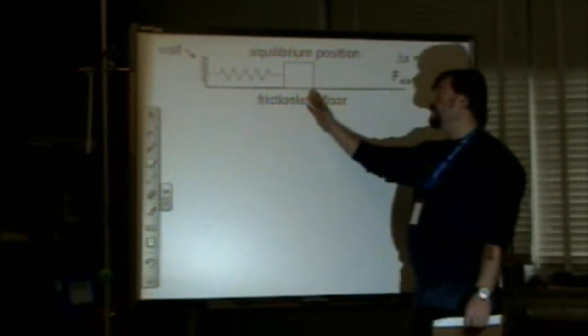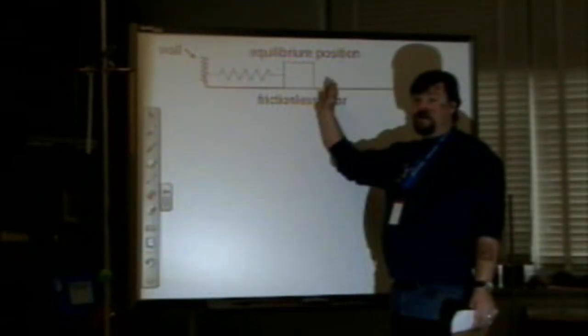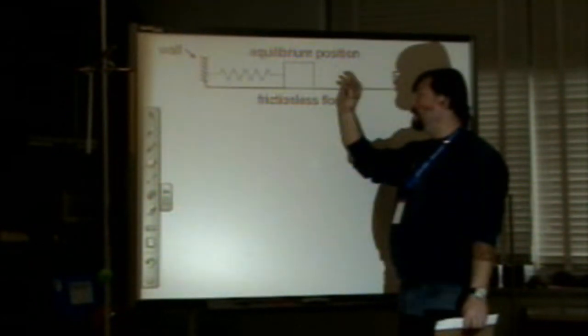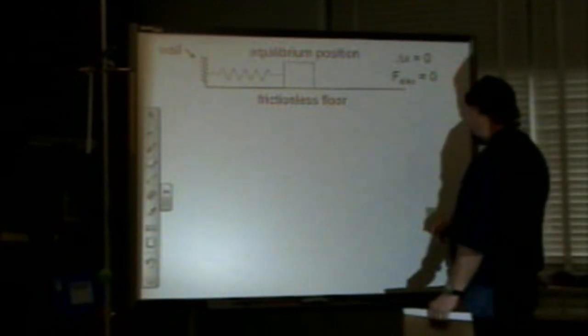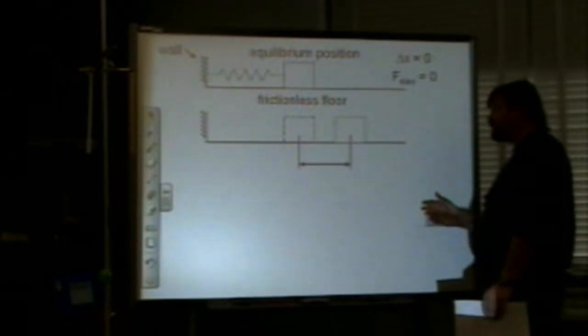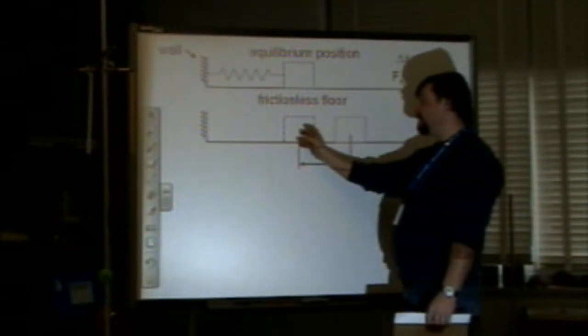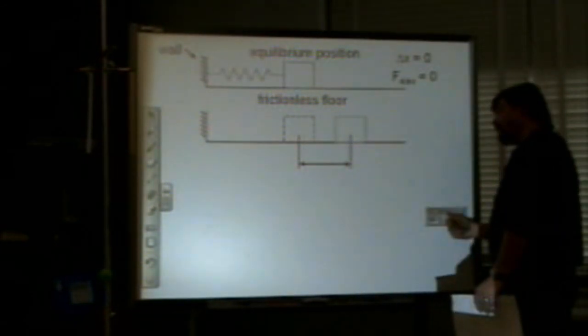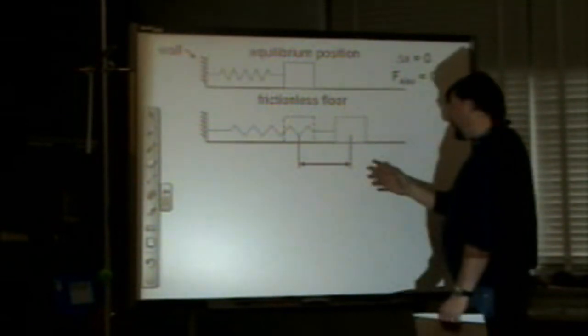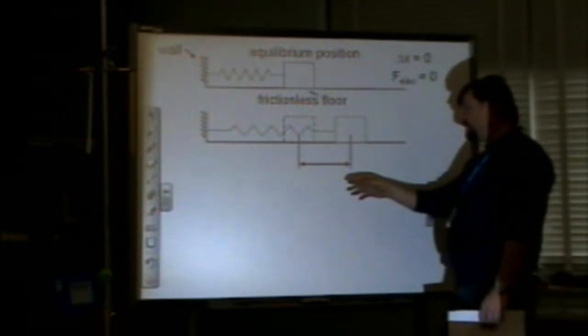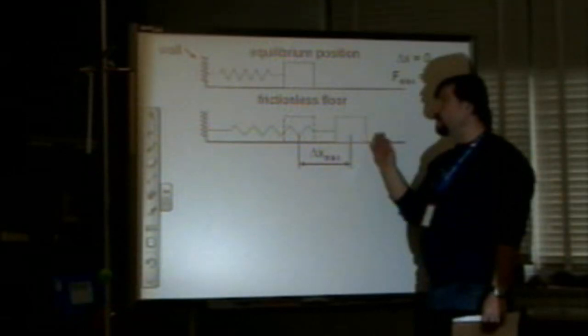And we also see that since it's in equilibrium, it's not moving back and forth, so the compression or expansion elasticity force is 0. As we move this cart away from the wall, expanding or stretching the spring, we obviously now have a displacement from equilibrium.